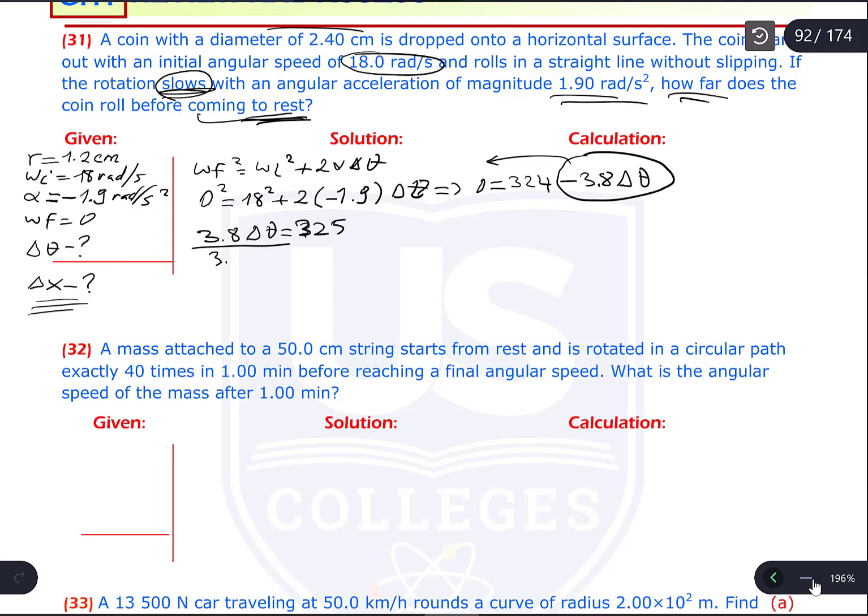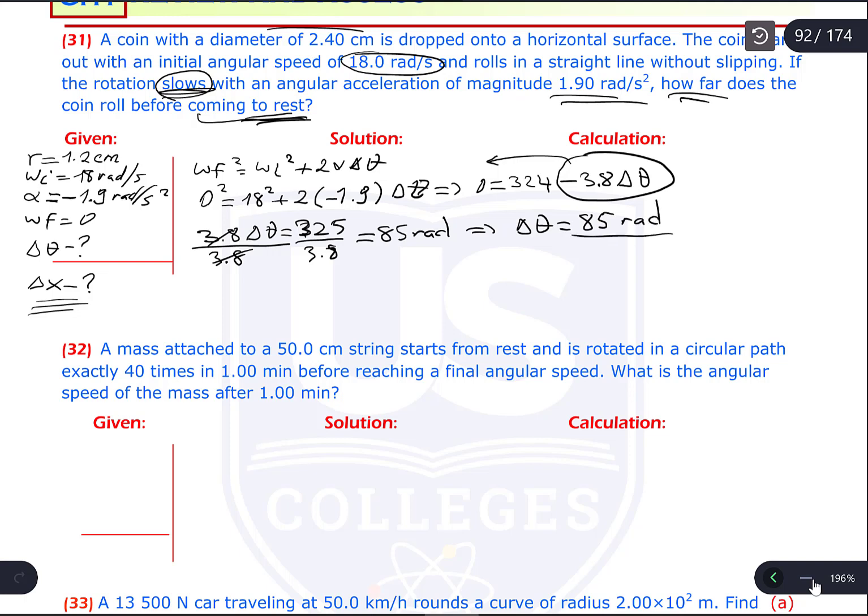Simplify by dividing both sides by 3.8. So 324 divided by 3.8 is going to be 85 radian. So delta theta is 85 radian.